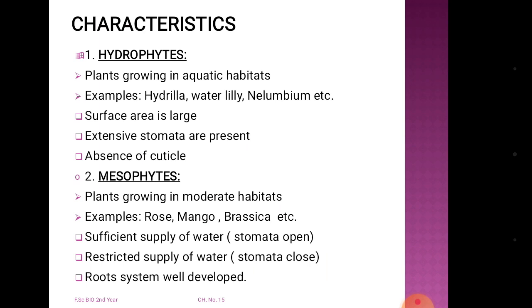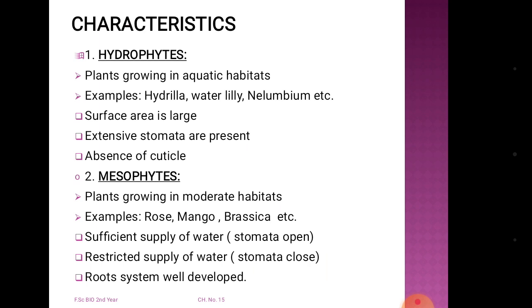Now we will study some of the characteristics. Hydrophytes are plants that grow in aquatic habitats. Examples are hydrilla, water lily, and Limnophila. At least consider two examples; you must prepare them.